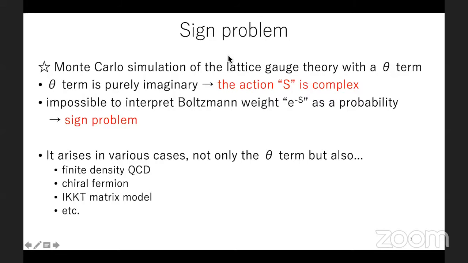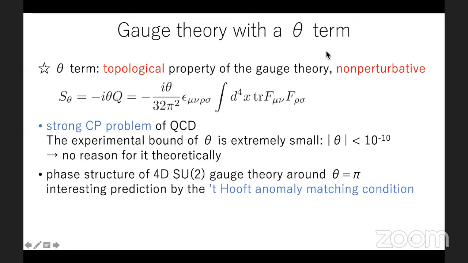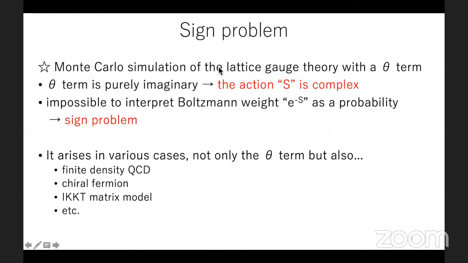As I said, the theta term actually gives a non-perturbative effect, so numerical simulation of lattice gauge theory is useful to investigate this theory. However, Monte Carlo simulation of lattice gauge theory with the theta term is very difficult because the theta term is purely imaginary.